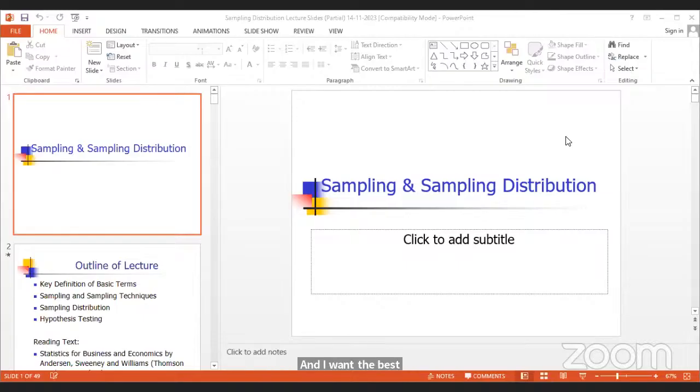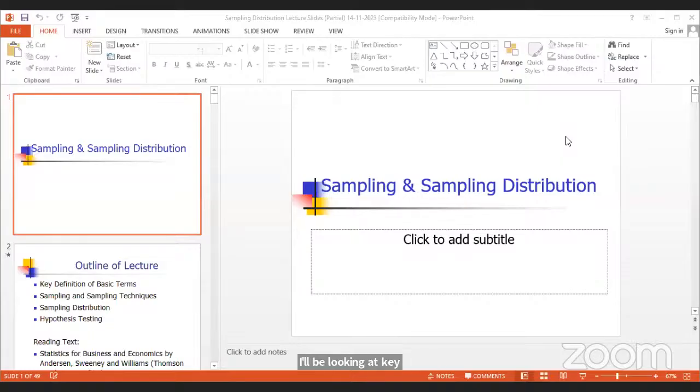I'm starting with sampling and sampling distribution. What exactly will we be looking at? I'll be looking at key definitions.